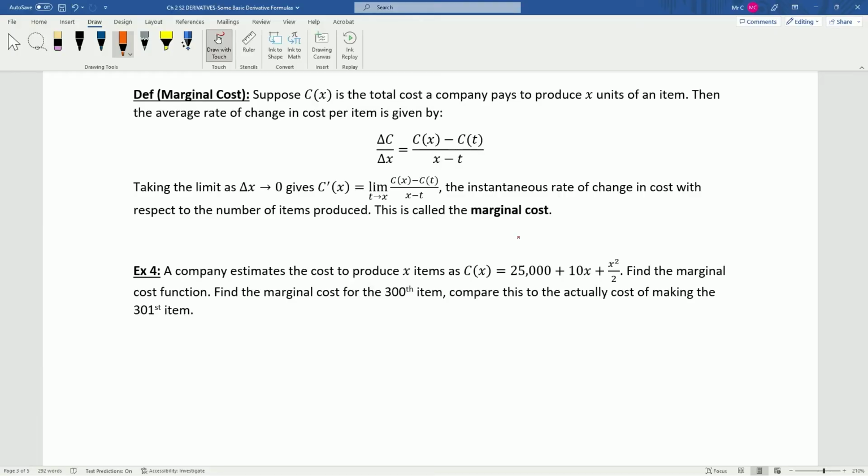Here our variable is the number of items produced, and we're taking this derivative with respect to that. Now there is something a little funny happening here because, of course, for most objects being manufactured, you can't produce a fraction of the object. It doesn't make sense.